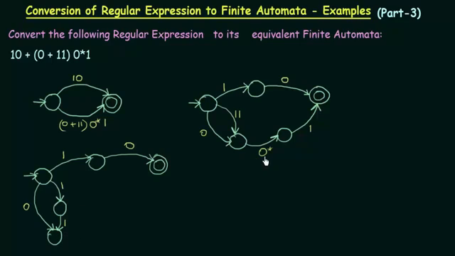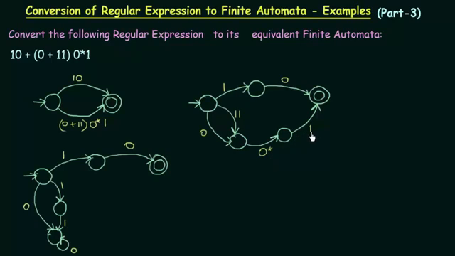Now what we have to do is handle this 0 closure. I already taught you, whenever you have a closure, what you have to do is very simple. Just send a self loop. So I'll send a self loop to this state and give it input 0. This is what we do for 0 closure, and we are done with that.